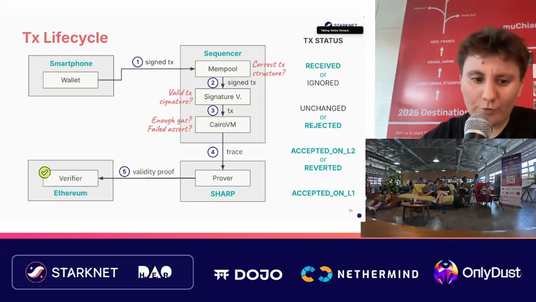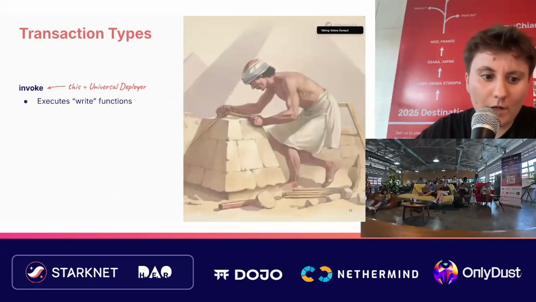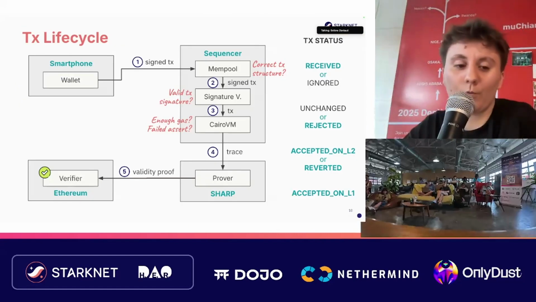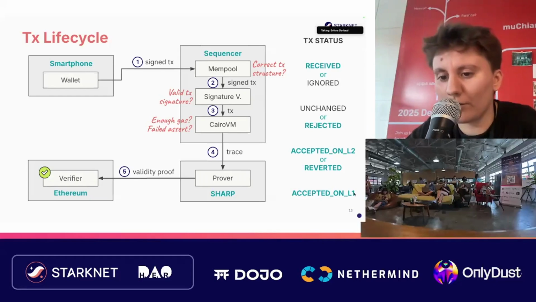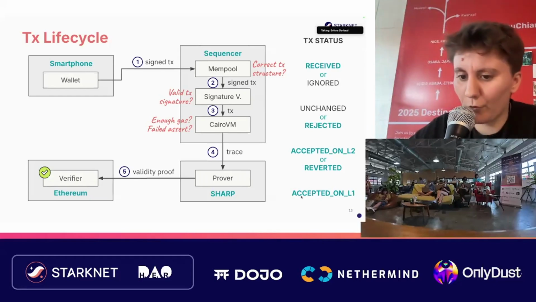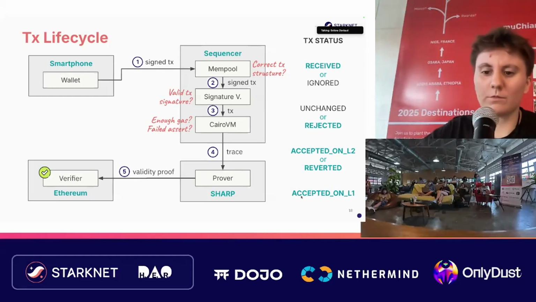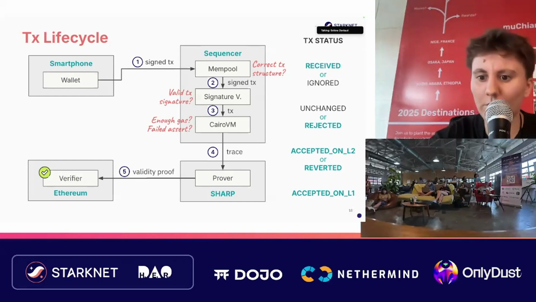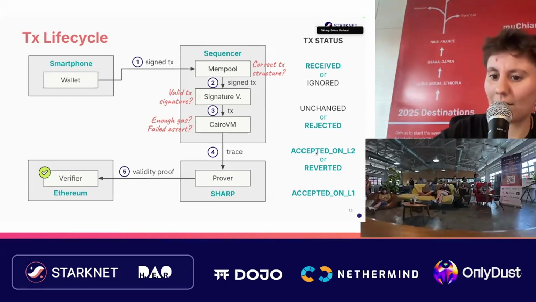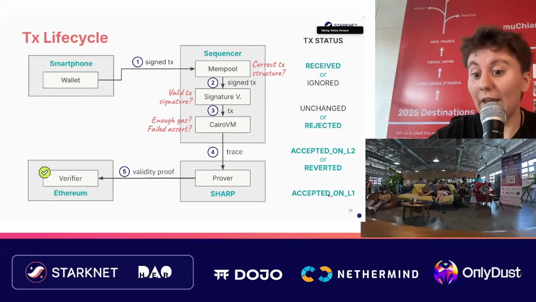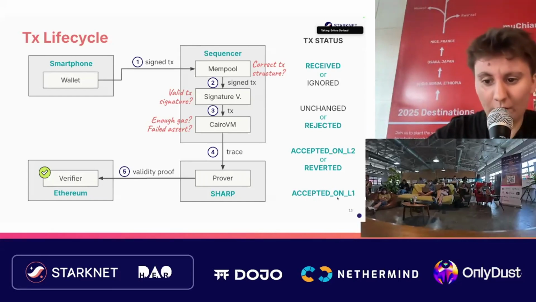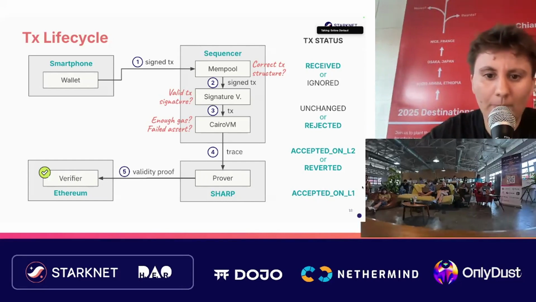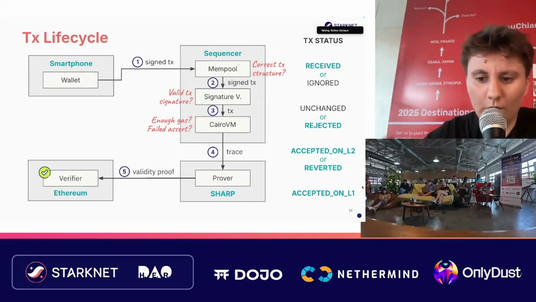And if the state of this proof is okay, we're going to have accepted on L1, which is layer 1 finality. So we have different types of finality. The first one is accepted on L2, and the layer 1 finality is accepted on layer 1.